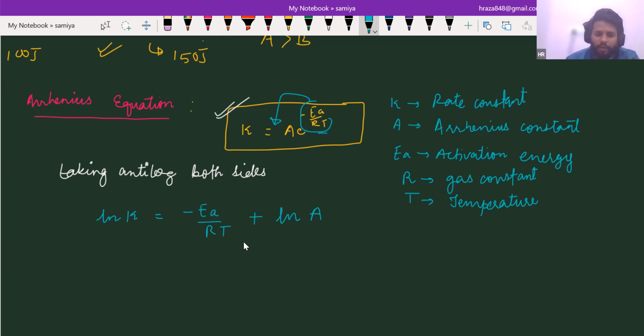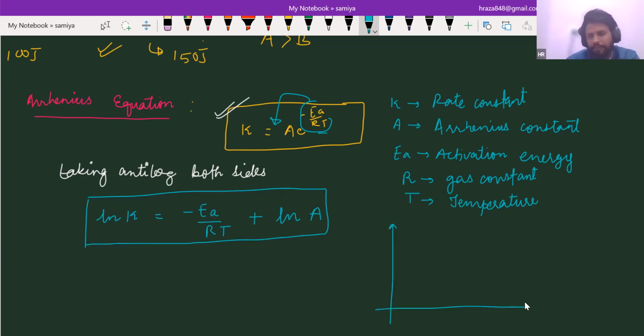So I'm going to plot a graph with the help of this equation, and the graph is between ln k and 1 by T. You can see that if I compare, this is y and this is 1 by T, which is x, and they are directly related to each other.